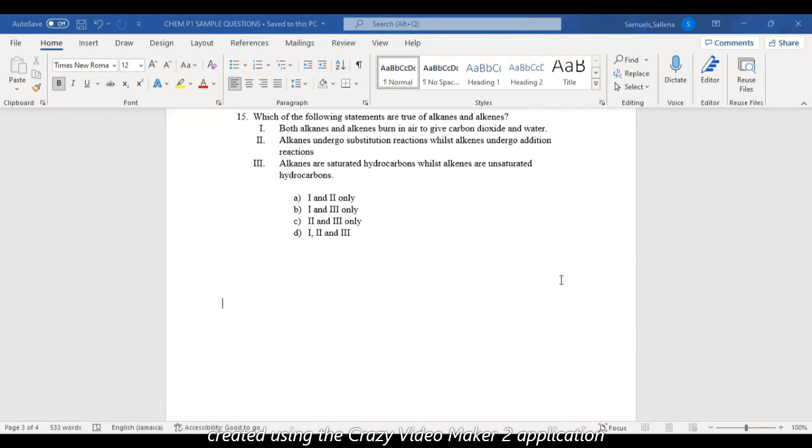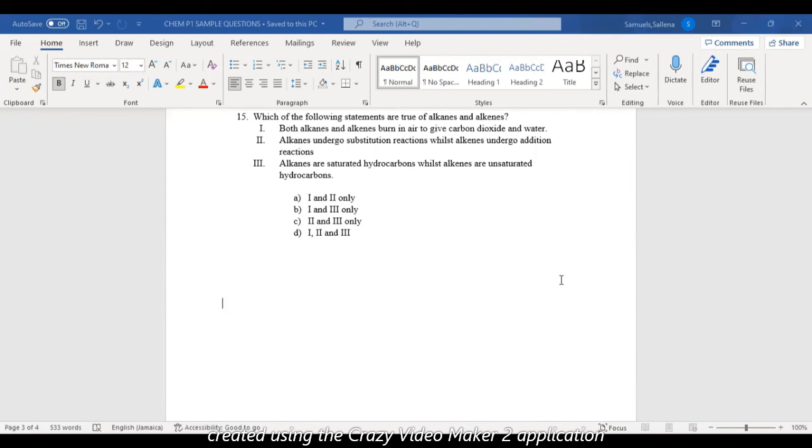So statement 1 is true. Both alkanes and alkenes burn in air to give carbon dioxide and water once there is enough oxygen and complete combustion is achieved.